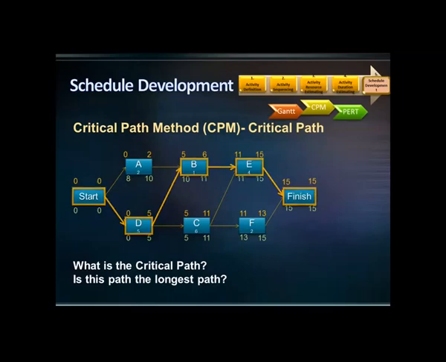This path's duration is 10 days. Another path is start to D, to C, to F, to finish. The duration of this path is 13 days. As you can see, the critical path has the longest duration. That's why if an activity on the critical path is delayed, the entire project is delayed.